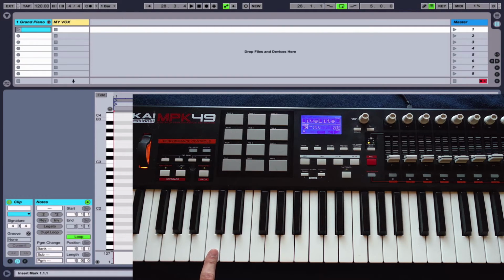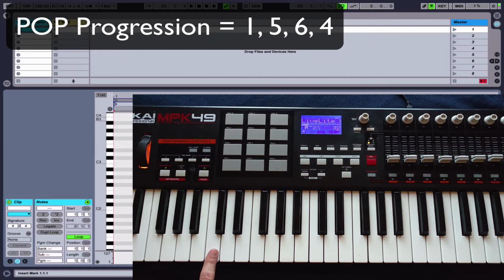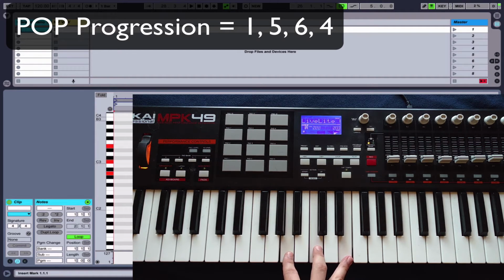The pop chord progression is 1, 5, 6, 4. So that would be the first note or the first chord in the C major scale. So we can do a 1, 3, 5, and that would be the 1. And then we go to the fifth note, which would be the 5. So that's the second chord in the progression. And then we go to the 6, which is the third chord in the progression.